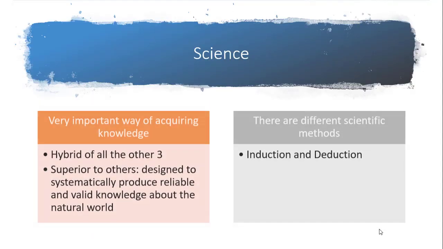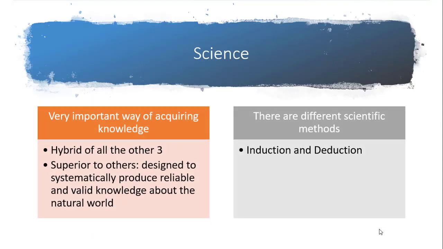So, moving on from that, you can remember from the previous presentation that science, or the empirical method of acquiring knowledge, is the hybrid of all the other three: intuition, authority, rationalism. So when we combine these three and we layer them upon the empirical method, we get a superior method of acquiring knowledge.